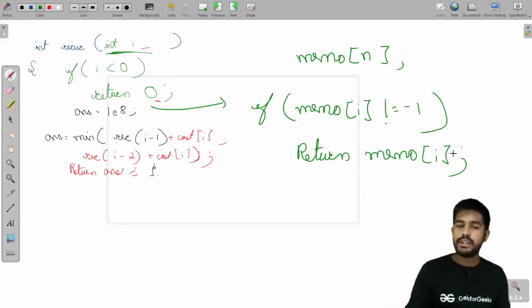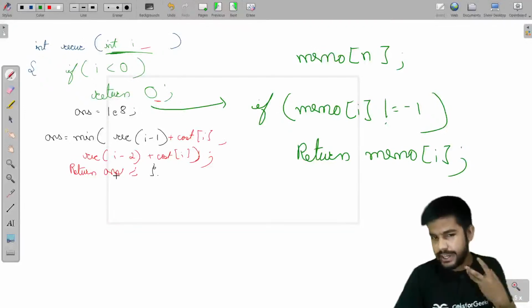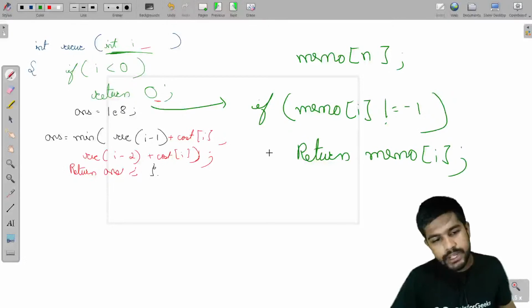At first we declare an array named memo and initialize it with -1. If it is not -1, that means it has some value, so we return that value. Just add this line here.